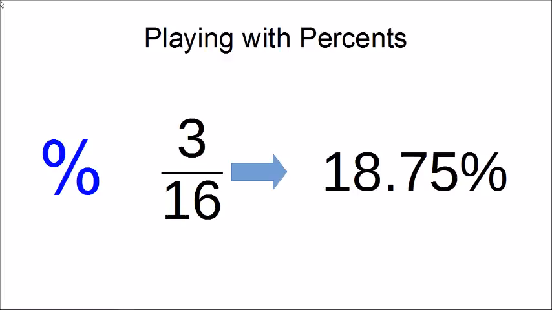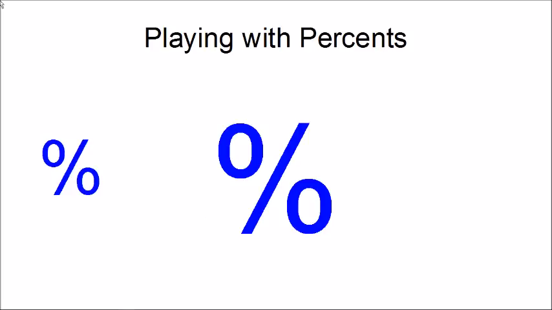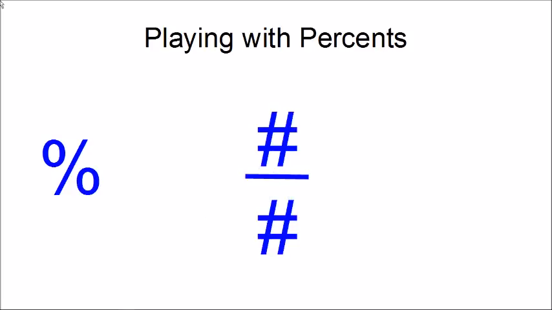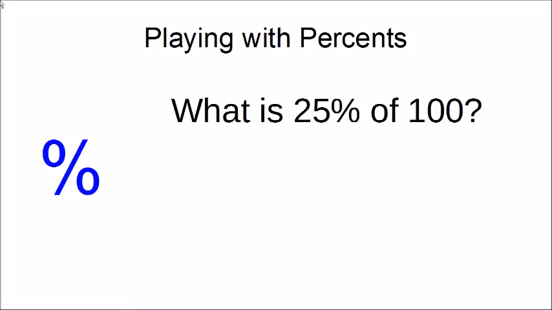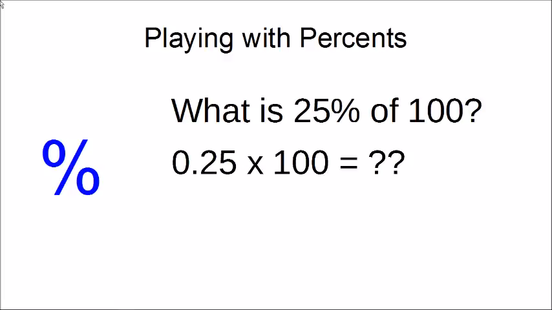Alright, so what do these numbers mean? Now remember that percents are just fractions, and a fraction represents a portion of something. So let's figure out, what is 25% of 100? 25% is 25/100ths, and you can write that as 0.25 times 100, and if you calculated that out, you would get 25.